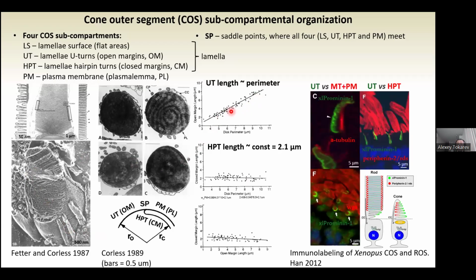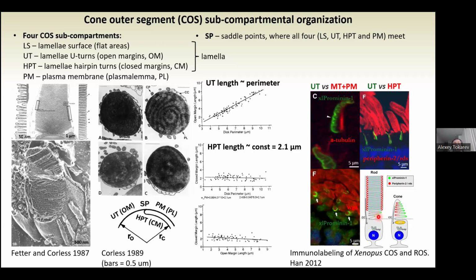And we also know the molecules which organize hairpin turns. Hairpin turns are in rows and in columns, and they are organized by peripherin 2 molecules, shown red here. And U-turns are organized by prominin 1 molecules.